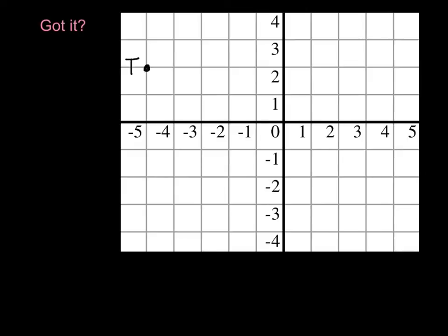We're going to say E is negative 1, 3, and we're going to say X is at negative 2, 1. So it's triangle TEX. And I'm going to redo that line here. So there's triangle TEX. We just graphed it.